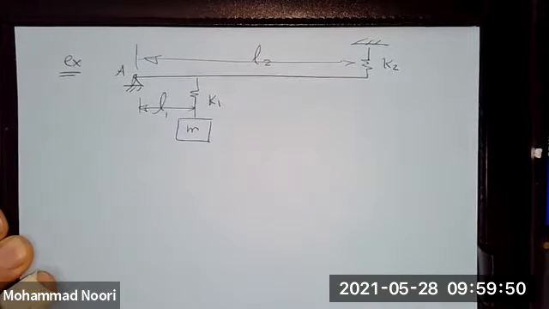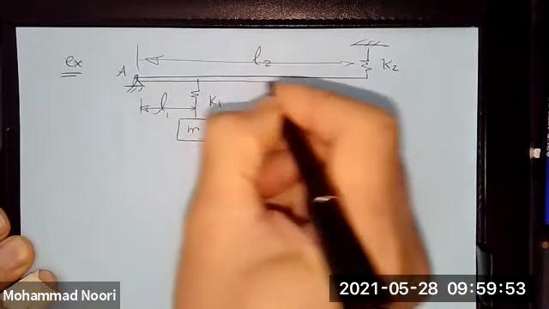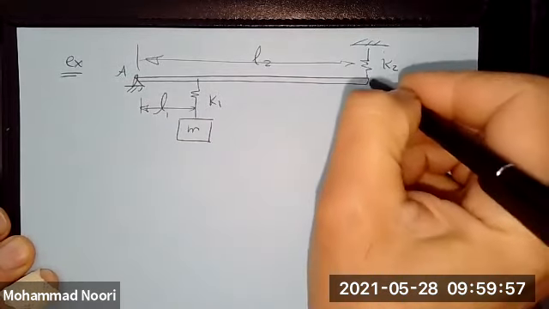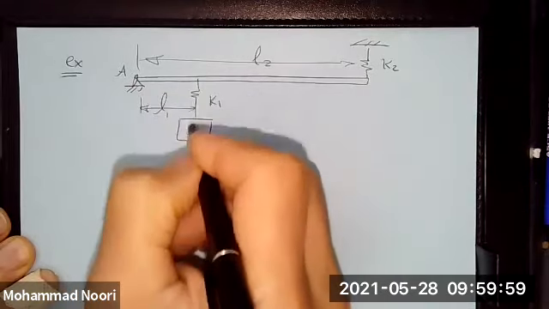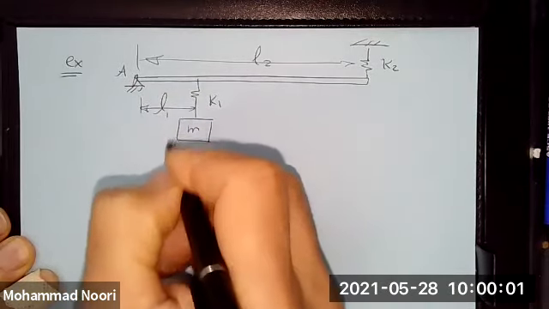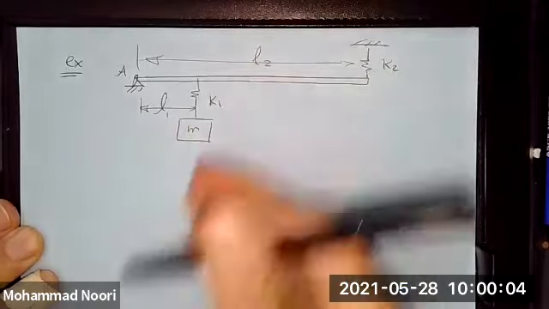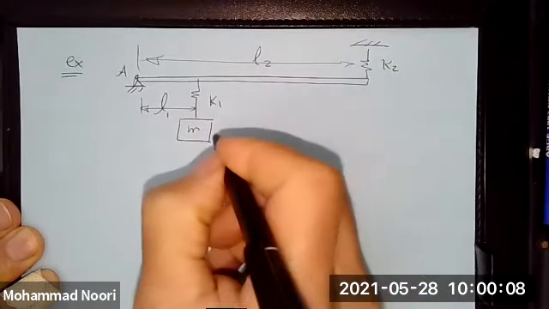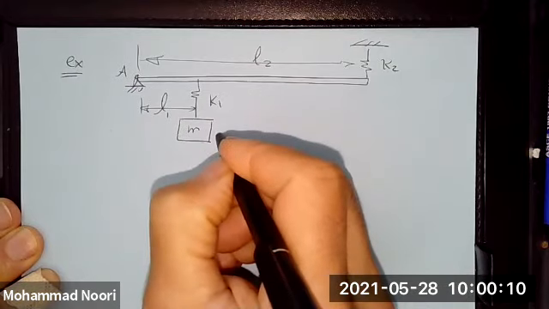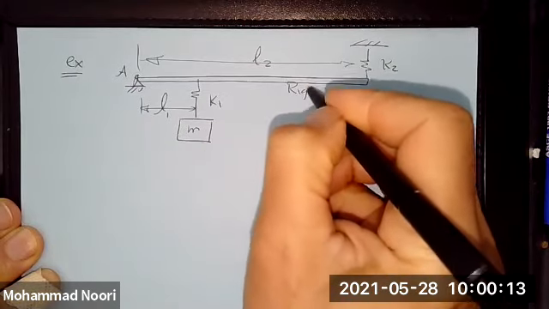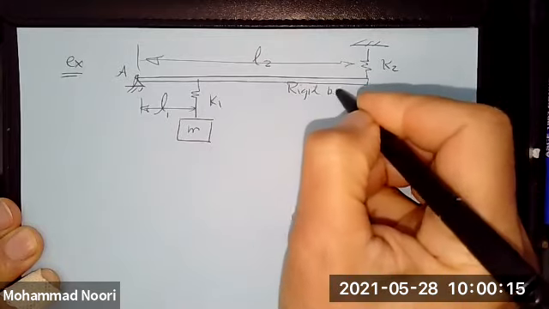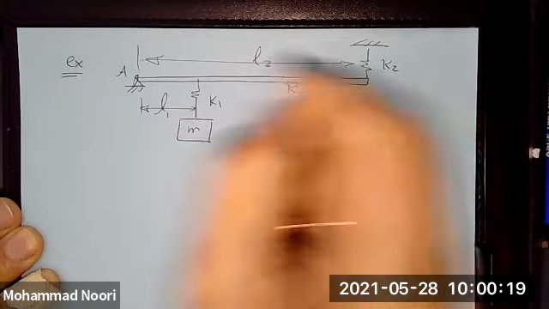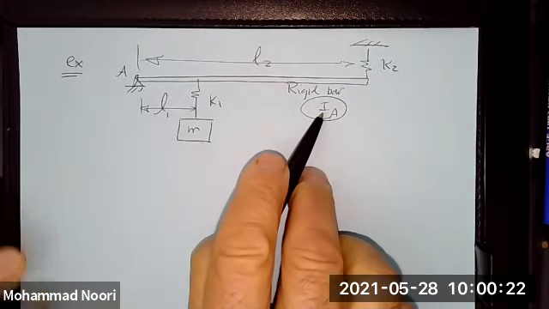This is L1, L2. You have a rigid bar. At the tip is connected to a spring K2. Here, K1, and a mass is hanging here. So this system is vibrating, and this is a rigid bar with its mass moment of inertia with respect to A being IA.